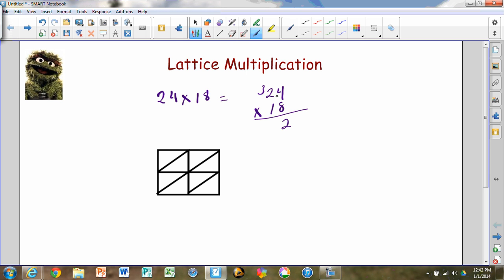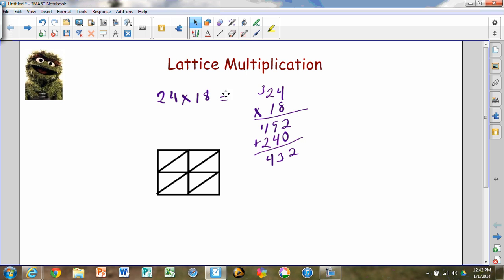Carry the 3. 2 times 8 is 16, 17, 18, 19. Put a 0 here to take the place of the 10 spot. 1 times 4 is 4, and 1 times 2 is 2, and then we'd add those two numbers up. Carry the 1, 2 and 2 more is 4. 432.